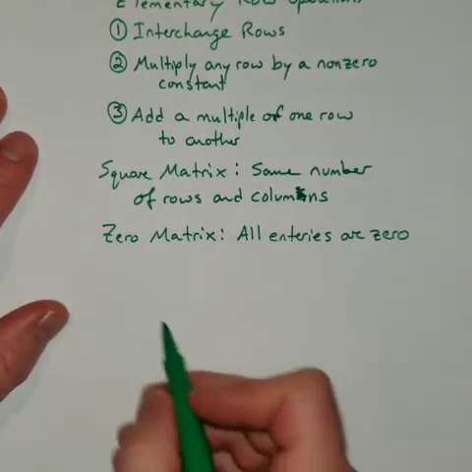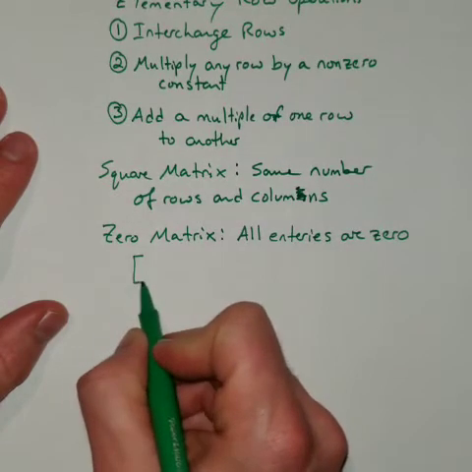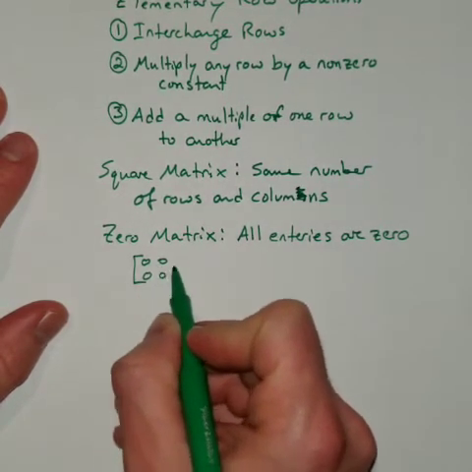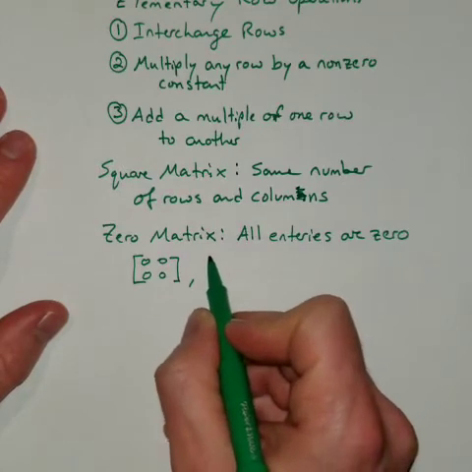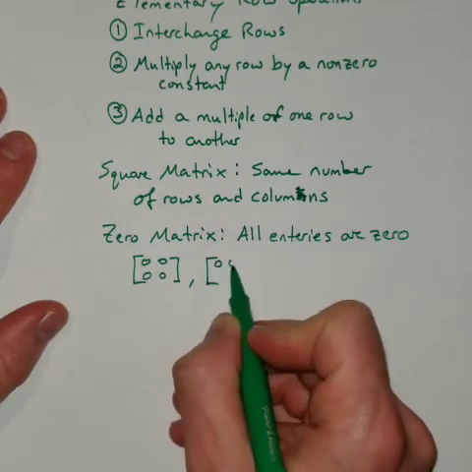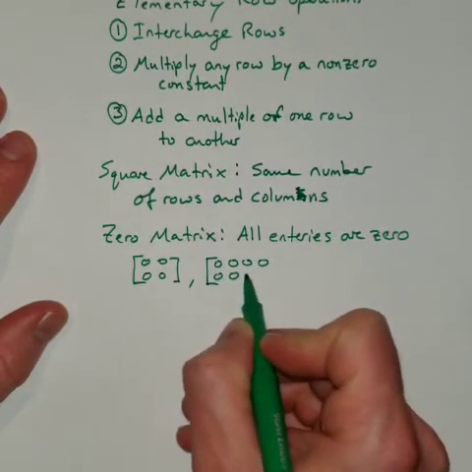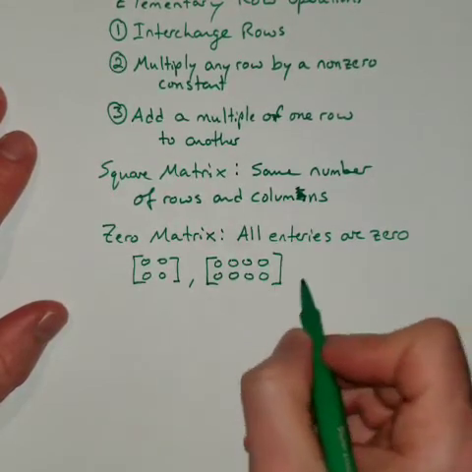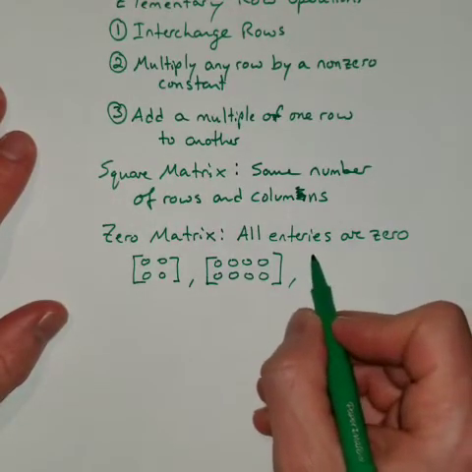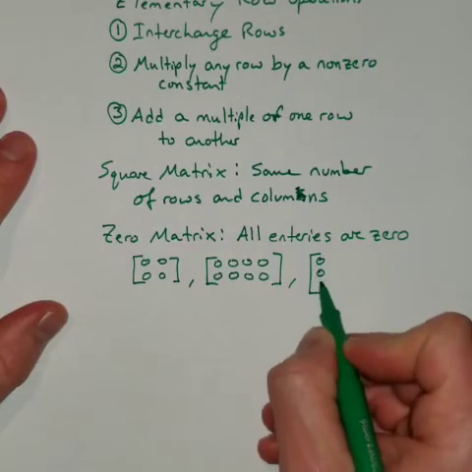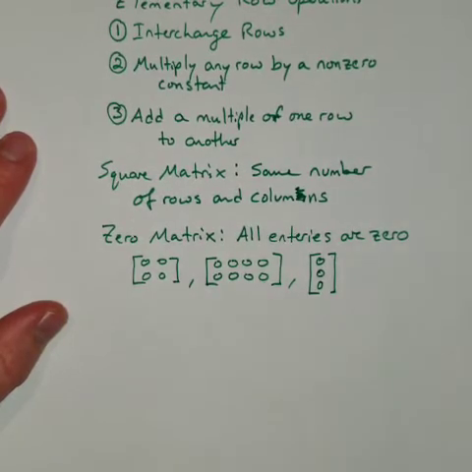That's it. So the zero matrix could be the matrix 0, 0, 0, 0, or 0, 0, 0, 0, 0, 0, 0, 0. So whatever size matrix you're looking for, maybe just a column of zeros, those are all a zero matrix. All of the entries in the matrix are 0.